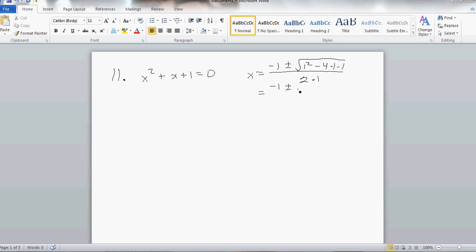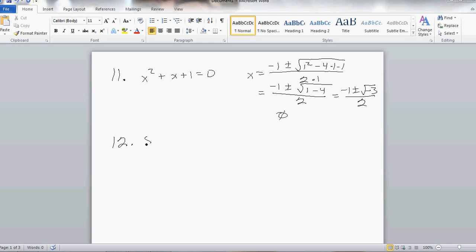Negative 1 plus or minus the square root of 1 minus 4 all over 2, which equals negative 1 plus or minus the square root of negative 3 over 2. Now we have a slight problem. Since we have a negative under the square root, that means there are no real solutions because nothing times itself equals negative 3. And so right now we can stop and say there are no real solutions. We can go on.